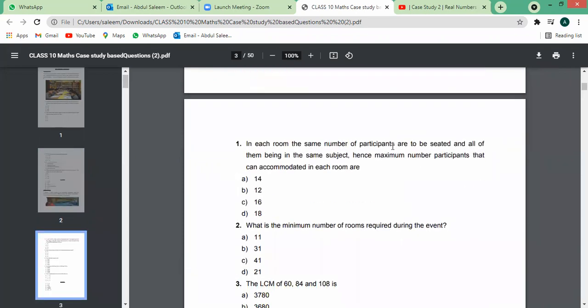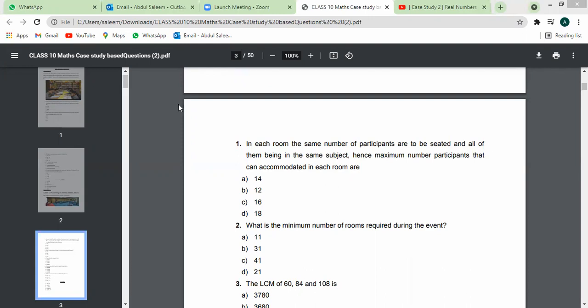The first question is, in each room, the same number of participants are to be seated and all of them being in the same subject. Hence, what is the maximum number of participants that can be accommodated in each room?